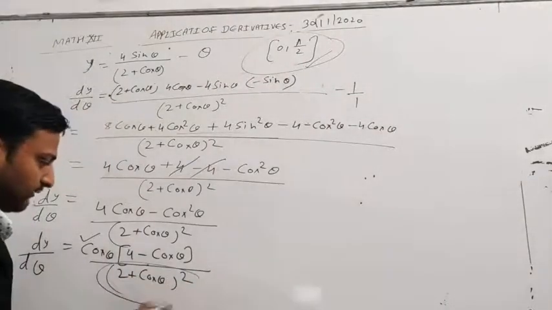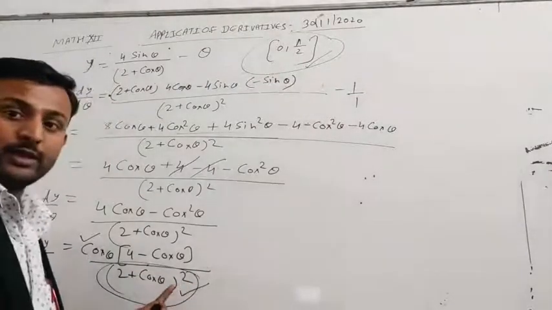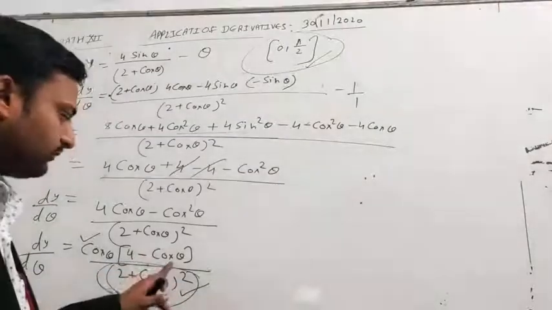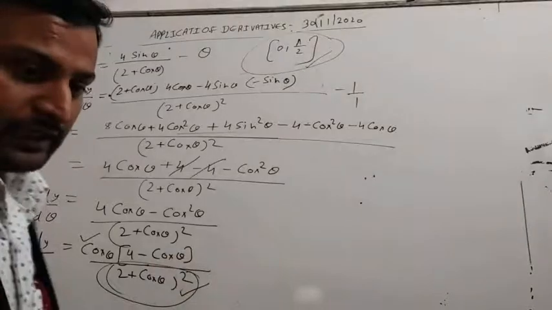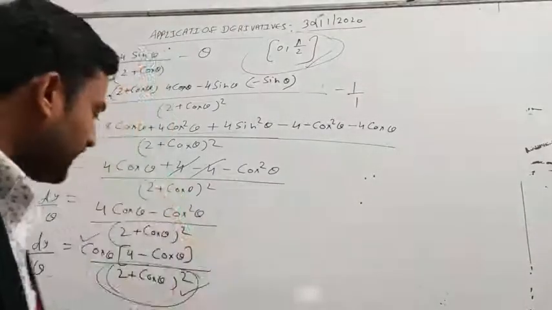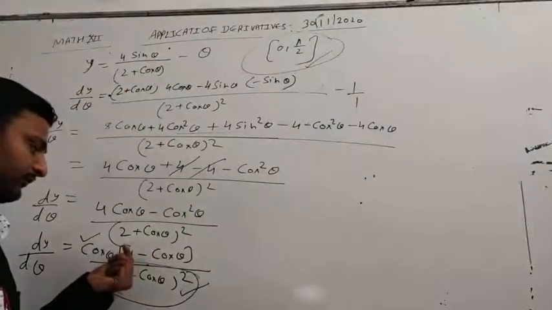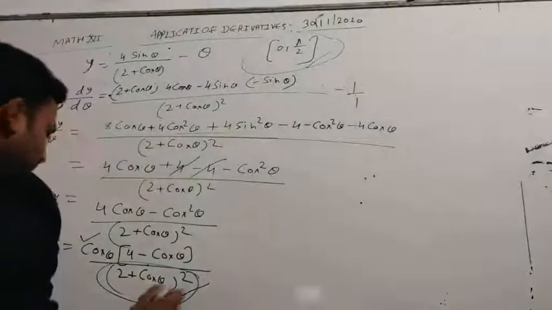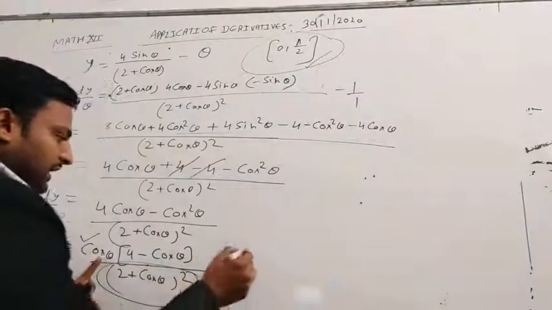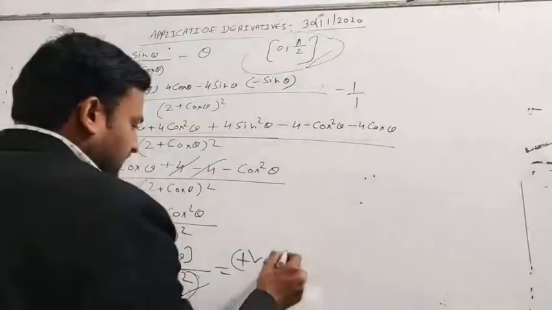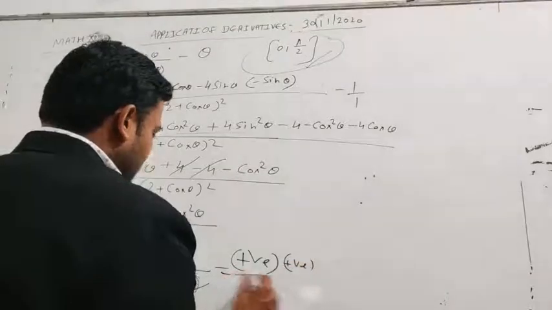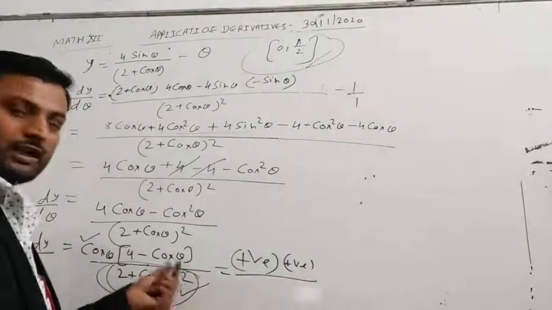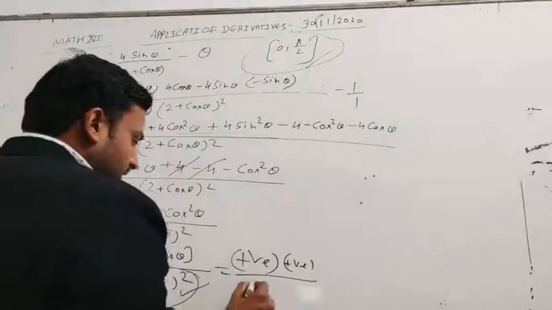and this is the square term, so it is also positive if we are taking cos theta anything, because this is square, and this is 4 minus something, and cos theta is lying between minus 1 to 1, so we are taking anything minus 1 to 1 from subtracting this term from 4, it will be always positive. So we are seeing that first term cos theta is positive, second term is positive, and third term is square. If here it is coming anything and the square of anything always positive, either it is negative or positive.